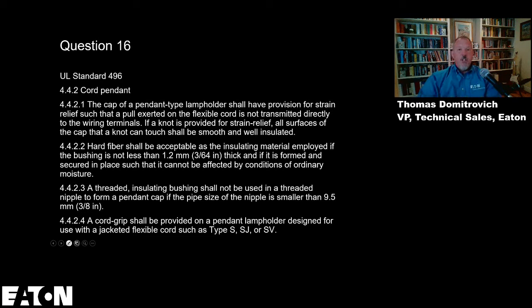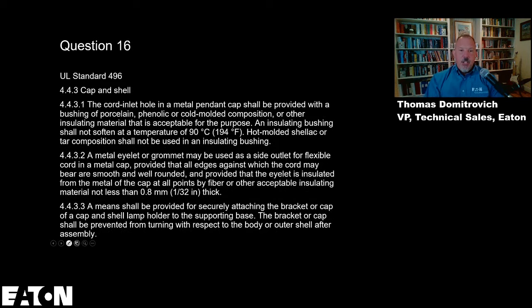You'll see how some of these requirements from a UL perspective align with what we see in the National Electrical Code. This section talks about cord pendants, and then the cap and shell: the metal pendant cap shall be provided with a bushing of porcelain, phenolic or cold molded composition or other insulating material. These are the types of requirements that we're going to see in UL standard 496 around these types of products.